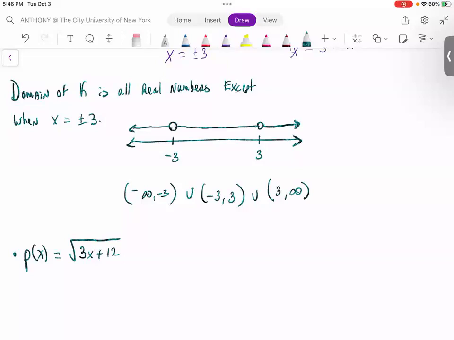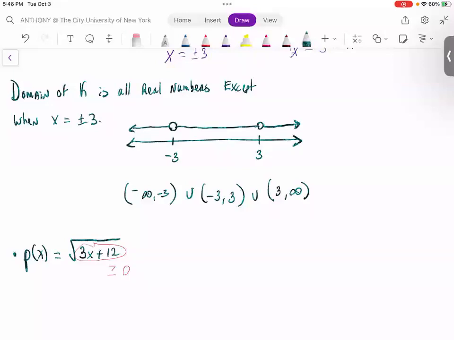So this portion of the radical, we call it the radicand, the 3x plus 12, that portion must always be greater or equal to 0. So instead of setting now an equation where you say, okay, the equation will be 3x plus 12 equals 0, it's no longer an equation, it becomes an inequality because it has to be greater or equal to 0. That implies 0 and positive numbers, okay?